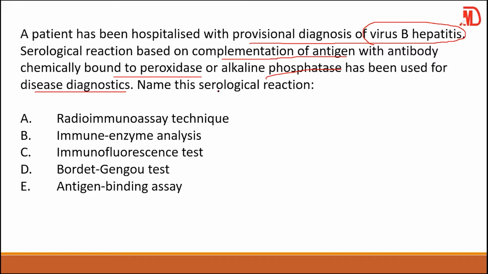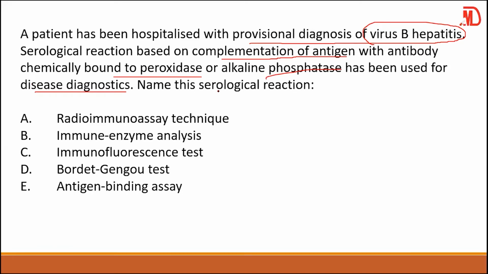So this one, you just have to know that we're looking at the immune enzyme analysis. The immune enzyme analysis is used to detect the presence of either a specific antigen or a specific antibody in a patient's blood sample.